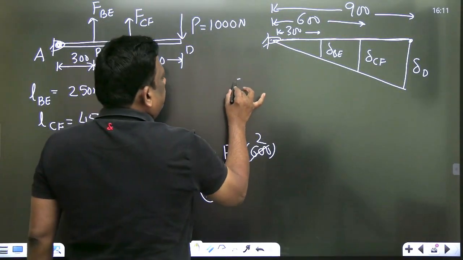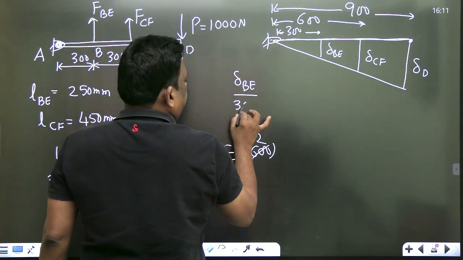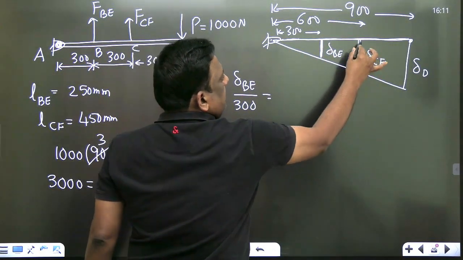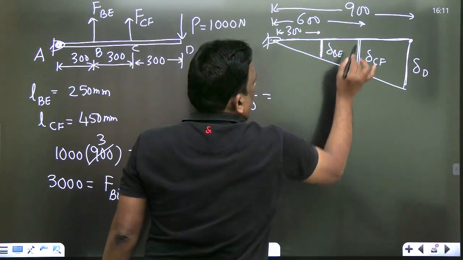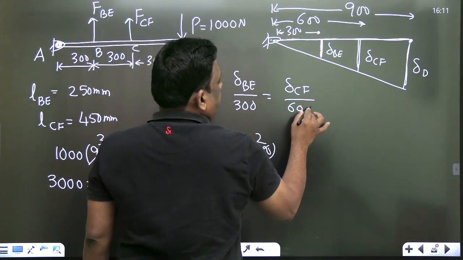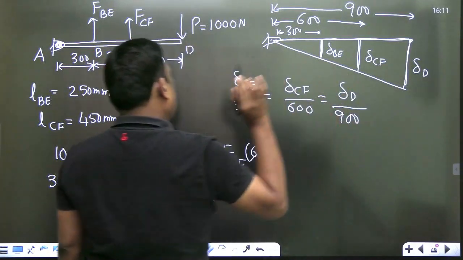So can we write delta BE by 300? Similar triangles. Vertical length by horizontal. So I will write this as delta CF by 600 is equal to delta D by 900. No problem at all.